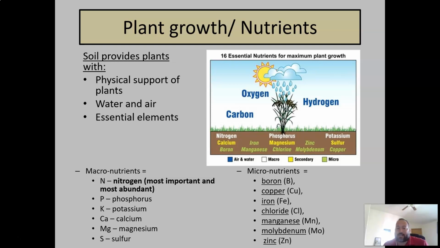It also provides essential elements in terms of nutrients. So when we look at this list on the bottom in terms of macronutrients, so big nutrients, and micronutrients that the soil provides plants, the biggest and most important one is nitrogen. It's the most important and it's the most abundant.